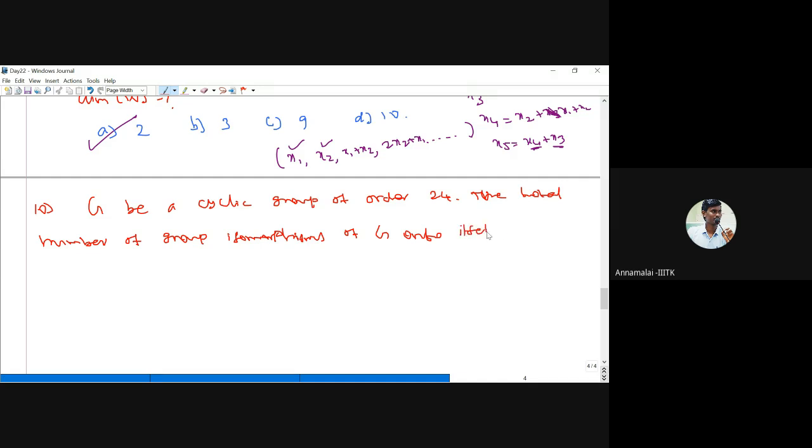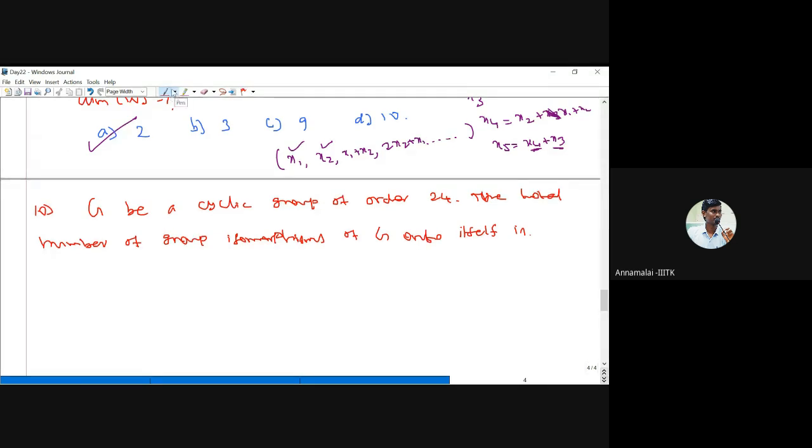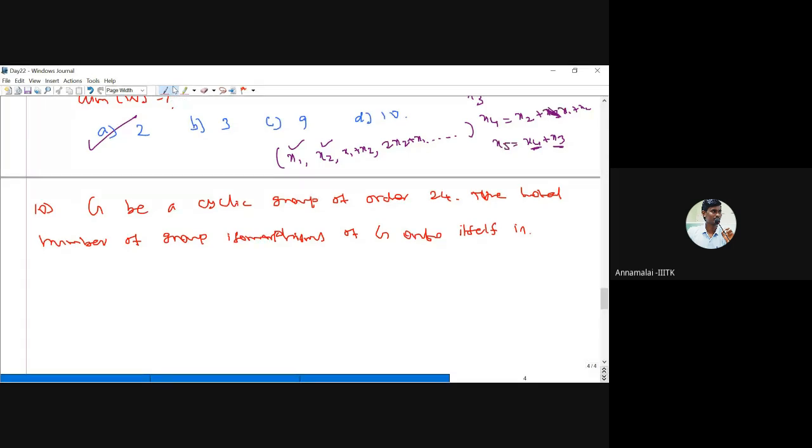So how many isomorphisms are there from G to G? And G is a cyclic group. I already said that an isomorphism where domain and codomain are the same set, we call an automorphism. And the number of automorphisms in a finite cyclic group of order n is phi of n.